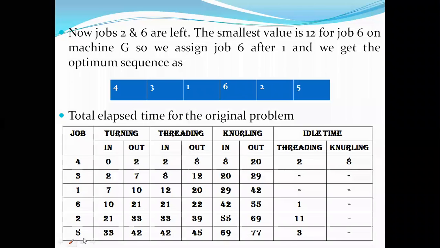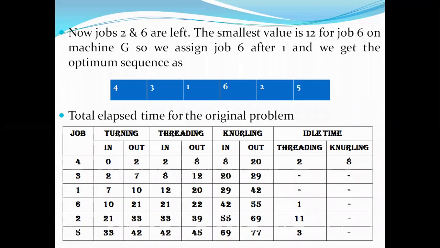If the process is commenced with respect to this sequencing, then the optimum or minimum time will be finalized based upon the general format of considerations. That is nothing but the idle time, and the idle time of machinery B and C will be much greater if this particular sequence has not been found or processed.